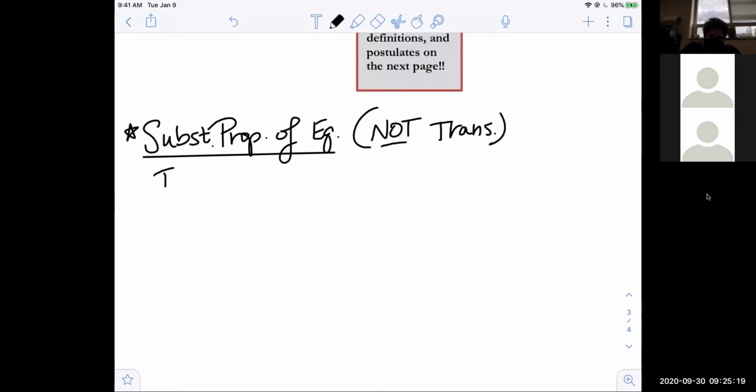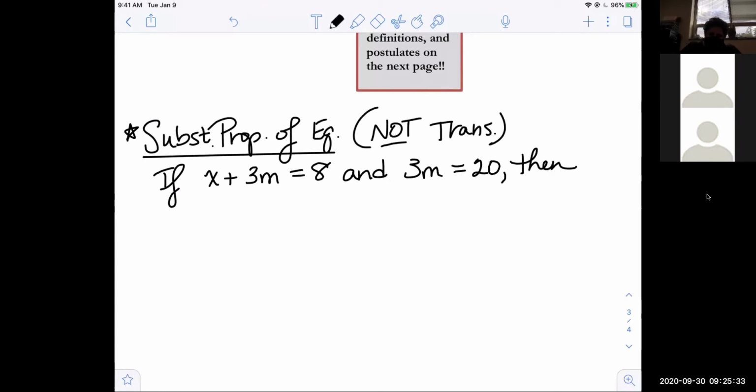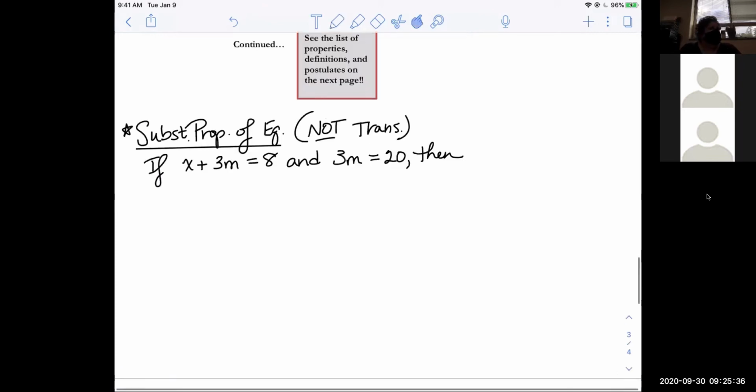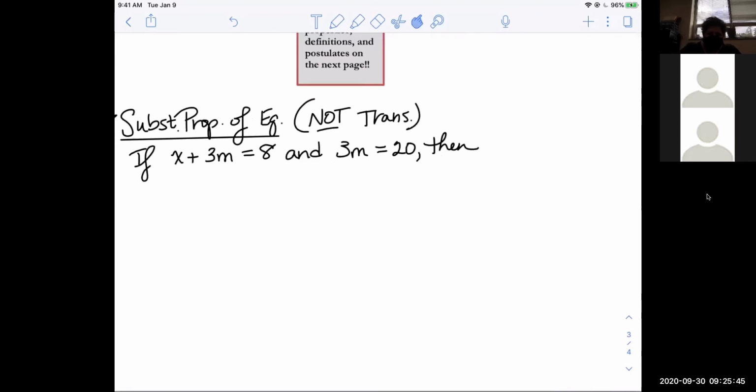If x plus 3m equals 8 and 3m equals 20, then what would your conclusion be by substitution? You combine these two together using substitution. What would be your conclusion?